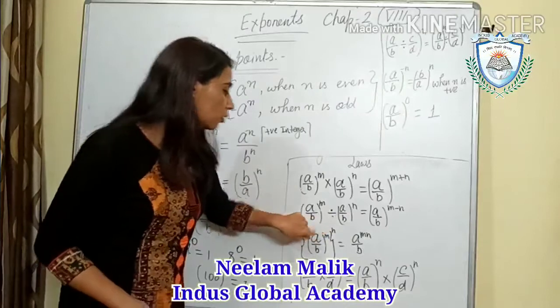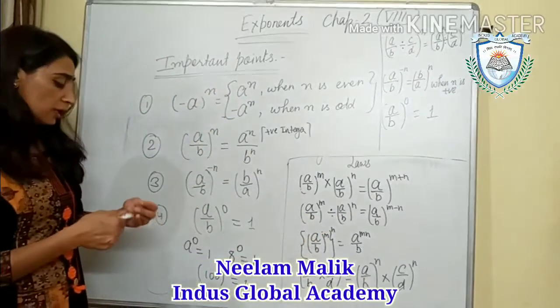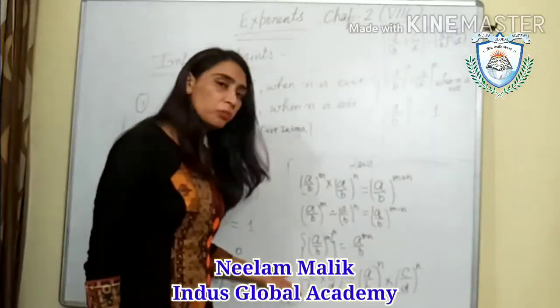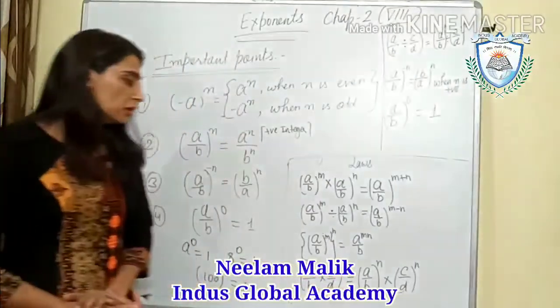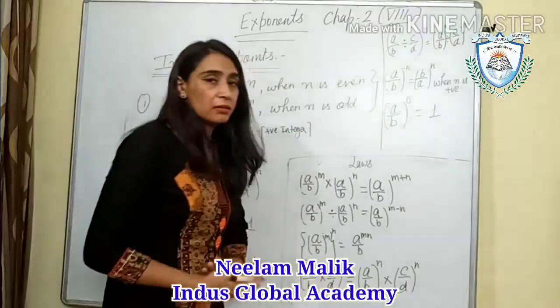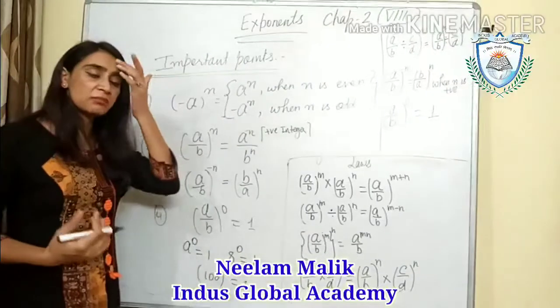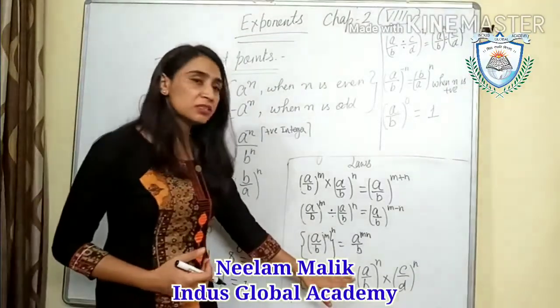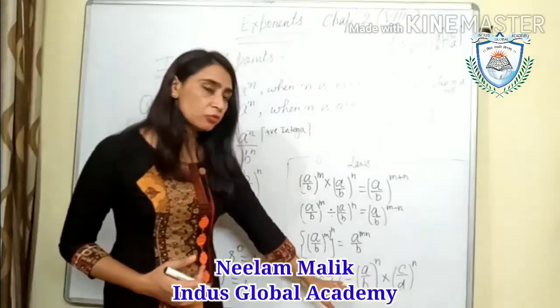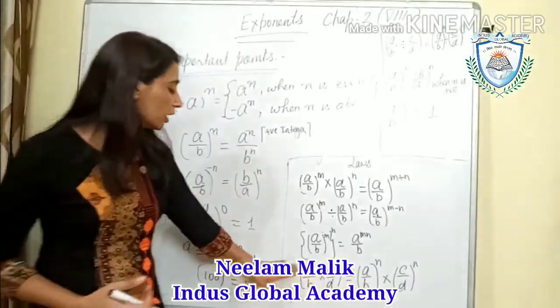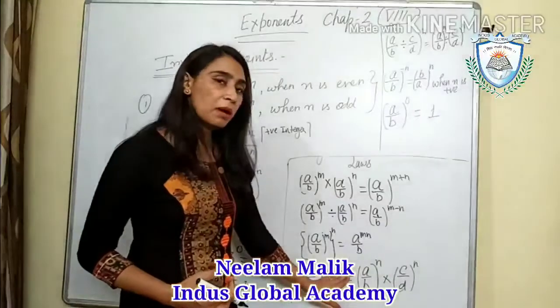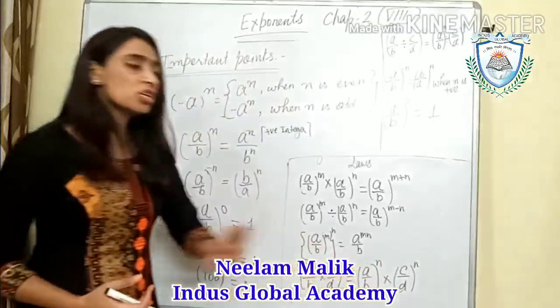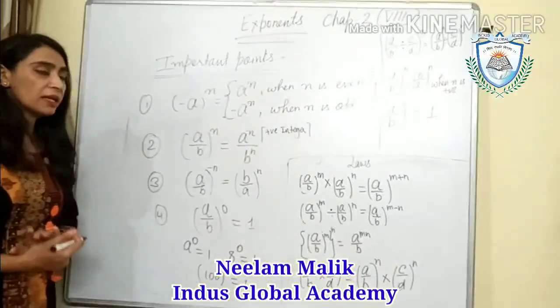Okay. Now next is a upon b into c upon d, the whole power is n. The whole power means two rational numbers are given in multiplication and their power is given, that will be equal to a upon b, the whole power n, into c upon d, the whole power n.